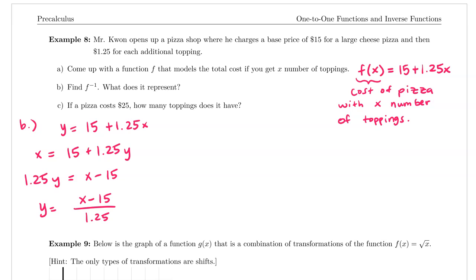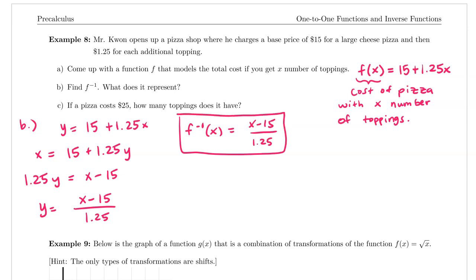So finally, after we've gotten this point, now I'm going to change to the inverse notation. So we have f inverse of x is equal to x minus 15 over 1.25. And here is our inverse function. When we say what does it represent, our input for this is the total cost of our pizza, and then it will tell us how many toppings we got.